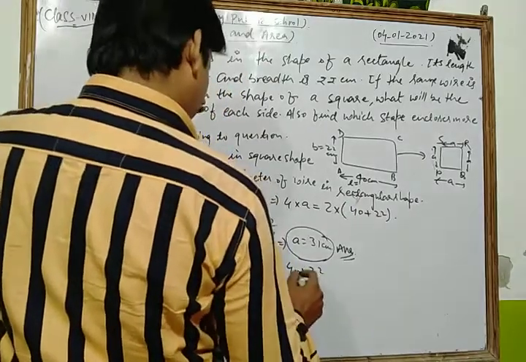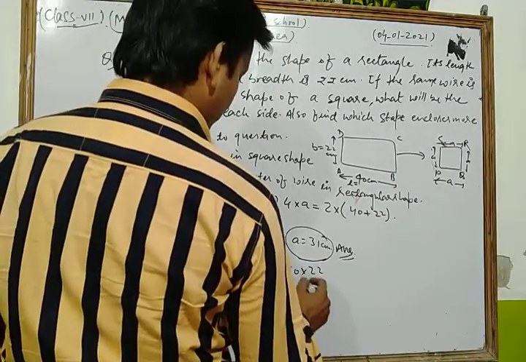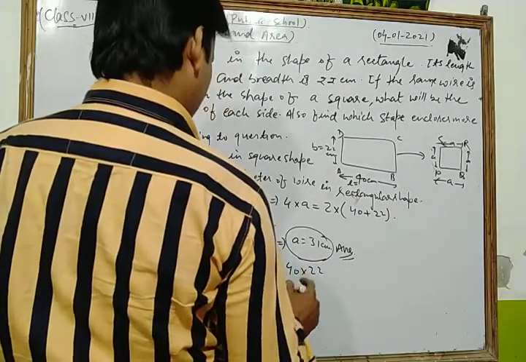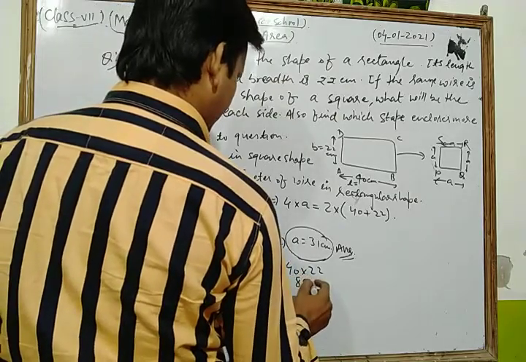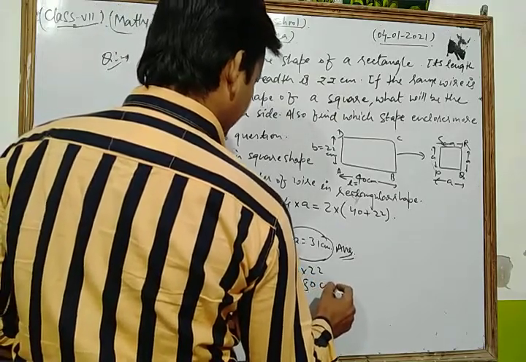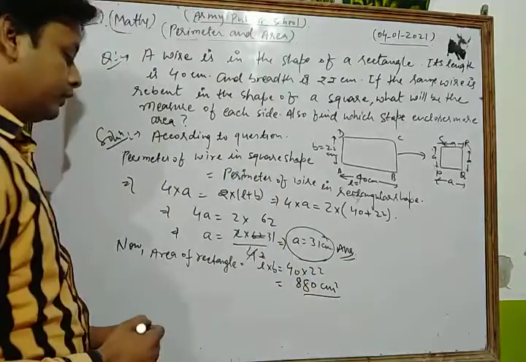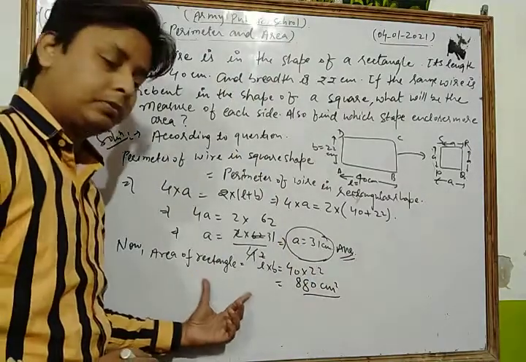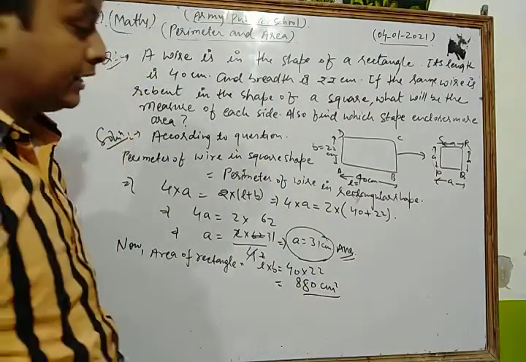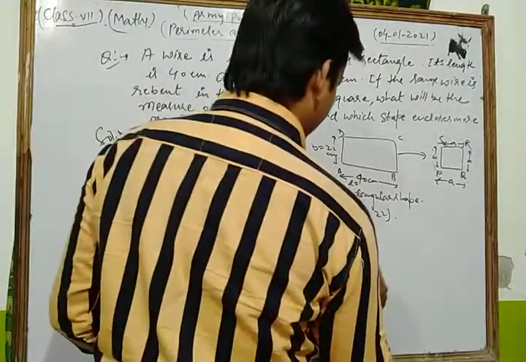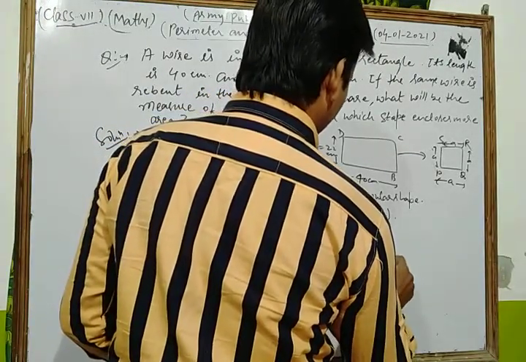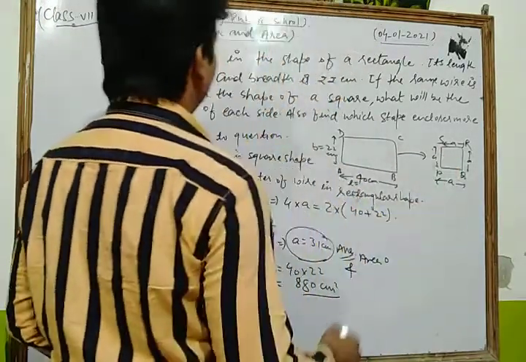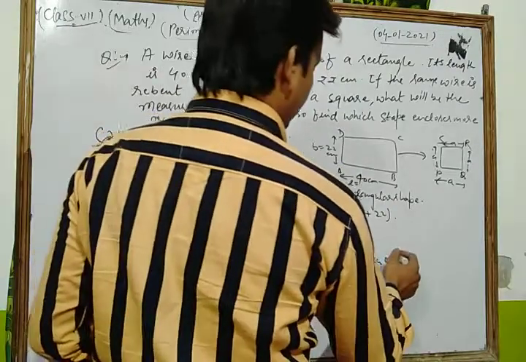So we get 880 centimeter square, which means the area of the rectangular shape of wire is 880 centimeter square.